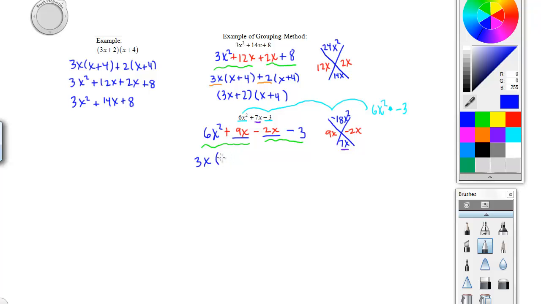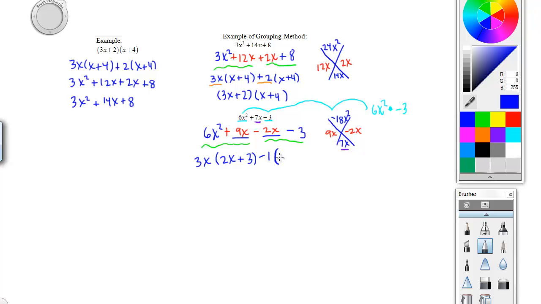So take out a 3x, and you get 2x. 3x times 2x is 6x squared, and 3x times 3 is 9x. Then the greatest common factor between negative 2x and negative 3 is just a 1. Whatever this sign is here is going to come down, and there really isn't a greatest common factor here, but you use a 1 when there isn't a larger number available.